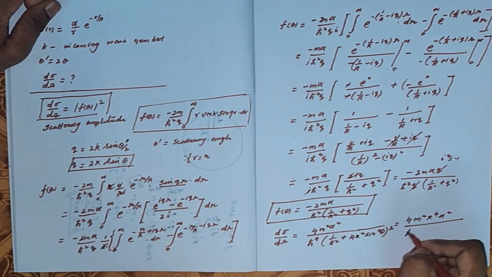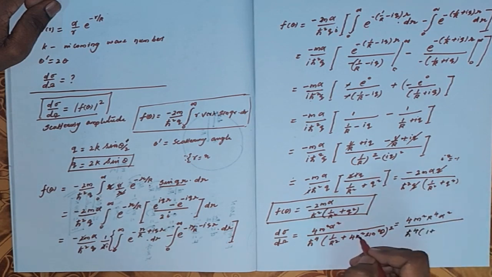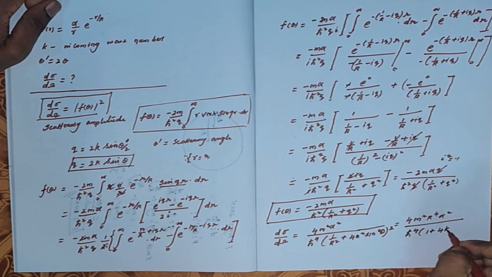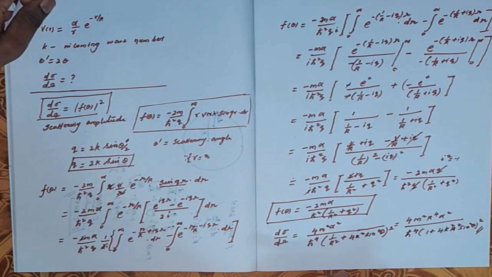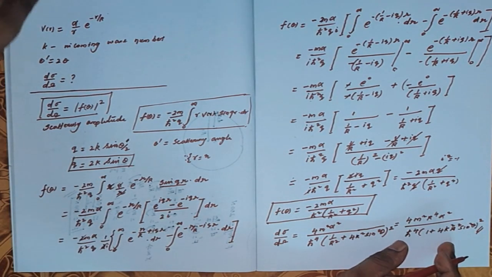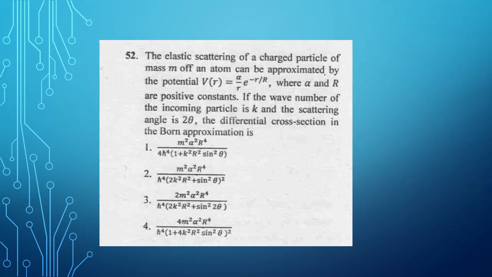So h power 4 inside, it will be 1 plus 4k square r square sin square theta, whole square. This is the differential scattering cross section. So from the above discussion, we got the answer: it is equal to 4m square alpha square r power 4 divided by h cut square. This would be the right answer, the fourth option.